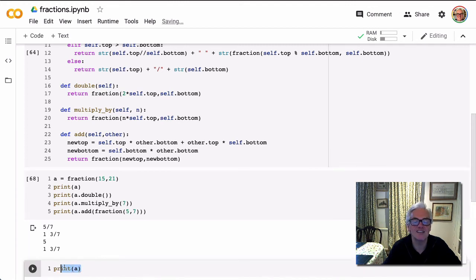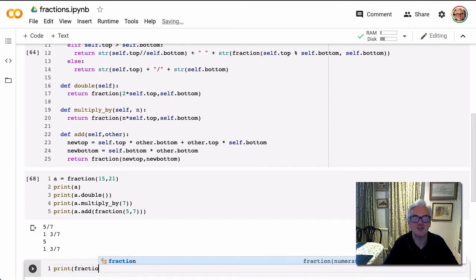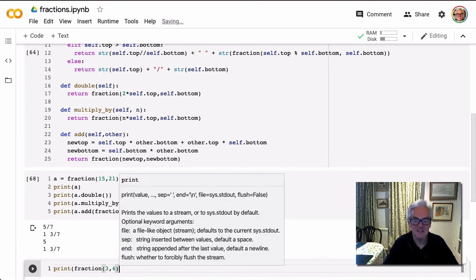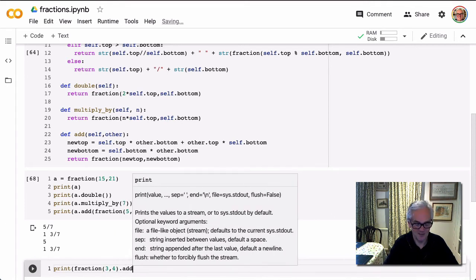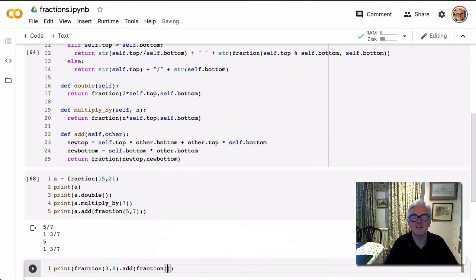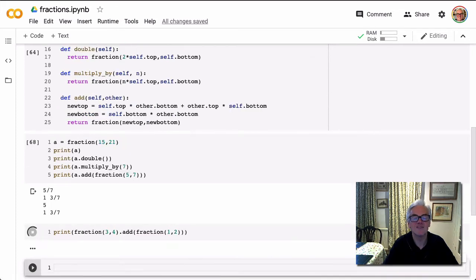We can make it slightly more elegant, so I should be able to do print fraction 3/4 dot add fraction. Let's do 1/2. Okay, and close the other bracket there. I get 1 1/4. It's getting the right answer.